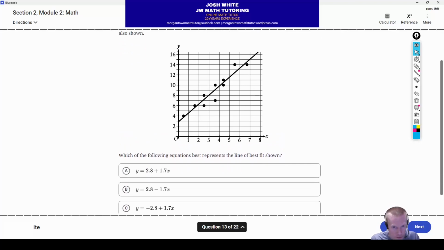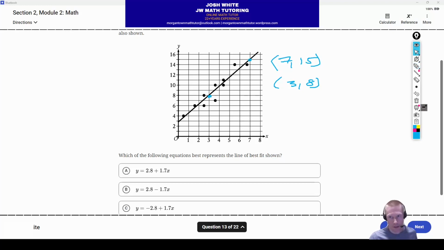Okay, so let's see, is there anything that actually goes right through a point? It looks like we have one right here. It looks like 7, 15. It's right on the marks. And also maybe right here as well, 3, 8.